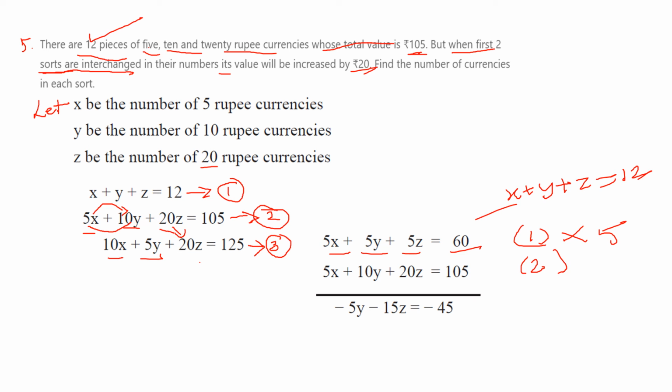So subtract these two equations. So change the sign here. 5x minus 5x cancel 0. 5y minus 10y, 1 plus 1 minus, subtract and put to the greater number, that is minus 5y. 5z minus 20z, as usual, minus 15z. 60 minus 105, minus 45.